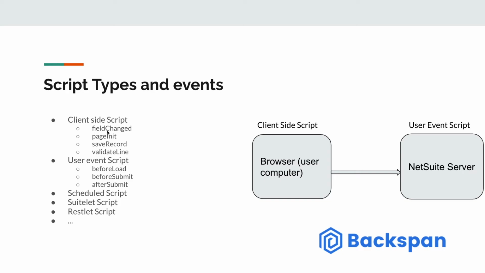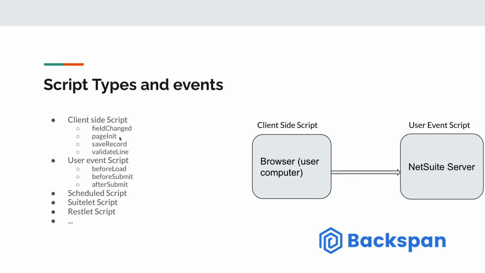You write certain logic inside the client-side script, and you're saying when the field changes, that's my event, execute this logic. You can have a different event, which is called page init. As soon as you load a page, execute this block of code. Whenever the save record button is pressed, then execute this logic. And you actually have a lot of different types here.